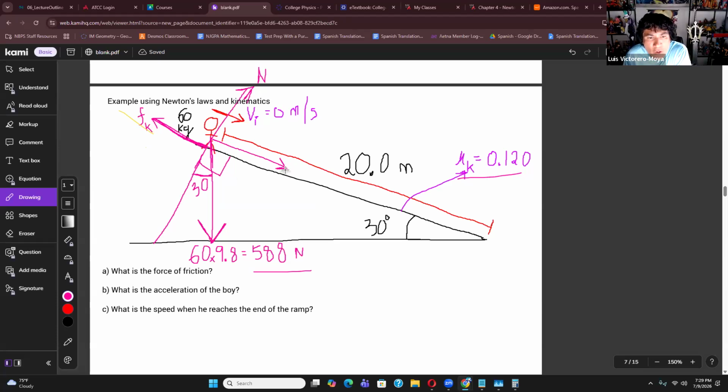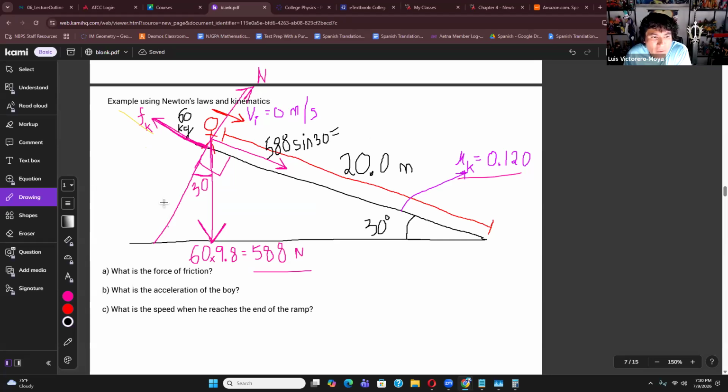So this force, like you guys said, is 588 sine 30. Which, well, you calculate that.